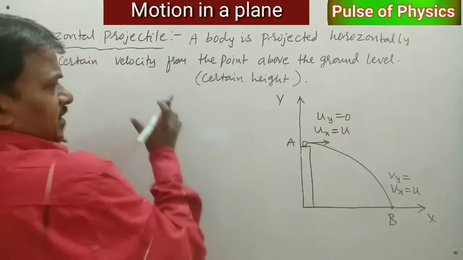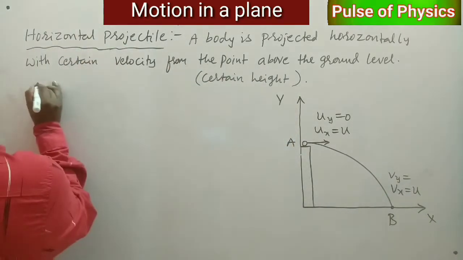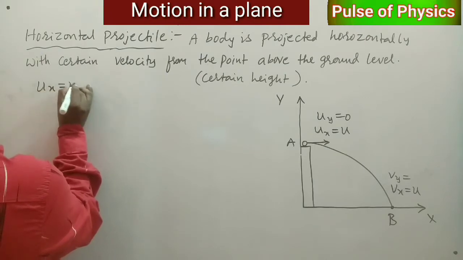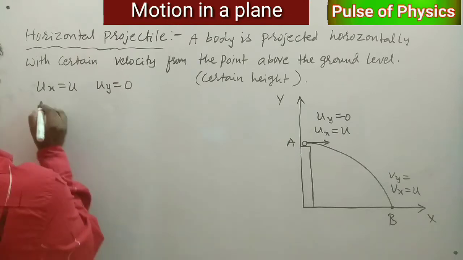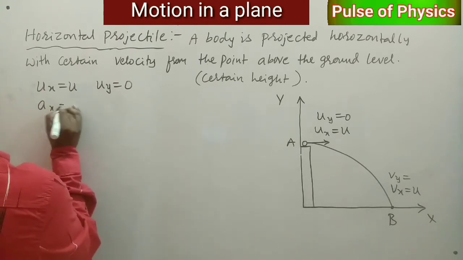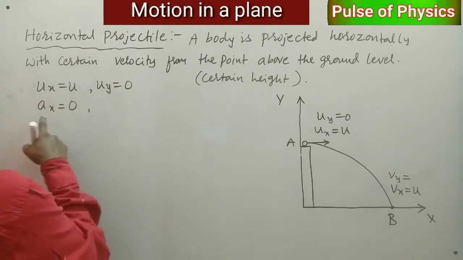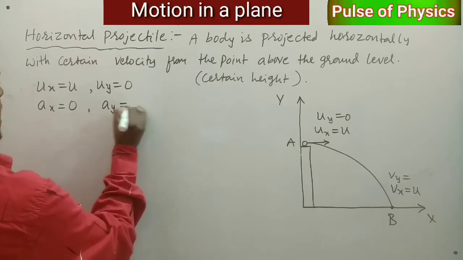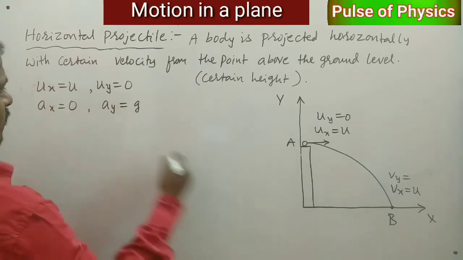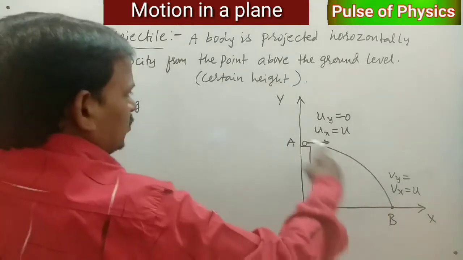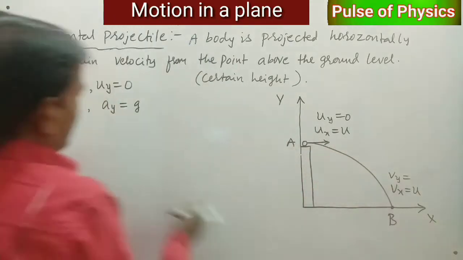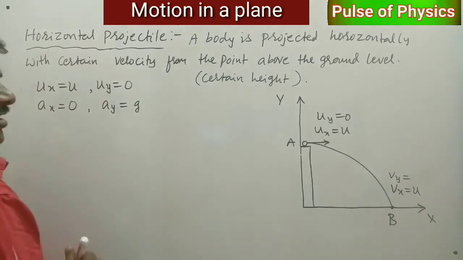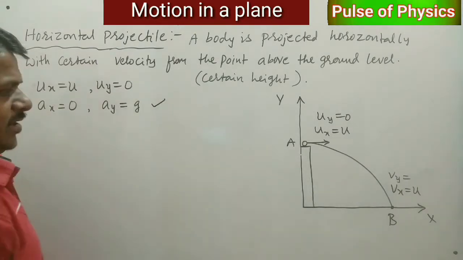Come here, ux is equal to u, uy is equal to 0. Then ax, horizontally no force acts; vertically the acceleration due to gravity acts downwards, the body is launched horizontally and traveling downwards, ay is equal to g. So a very important point in this.